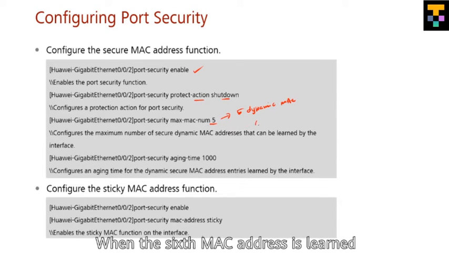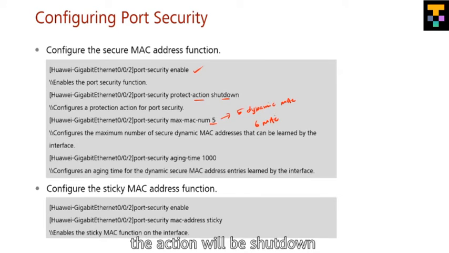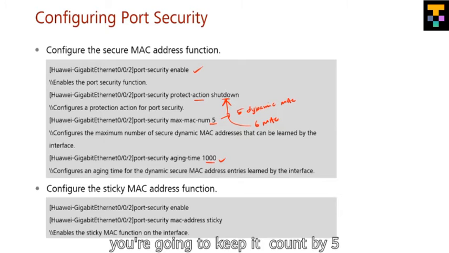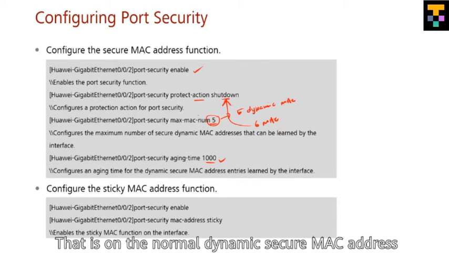When the 6th MAC address is learned, the action will be shutdown. You can also set the aging time for how long it keeps counting. Again, that is for the normal dynamic secure MAC address.